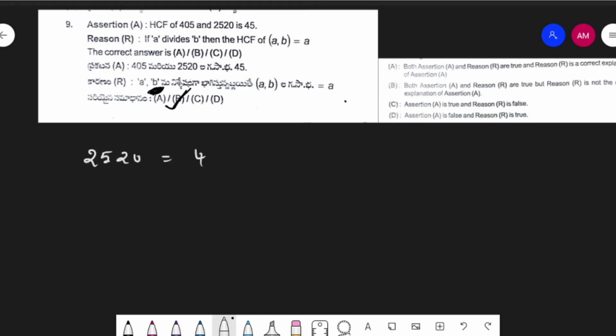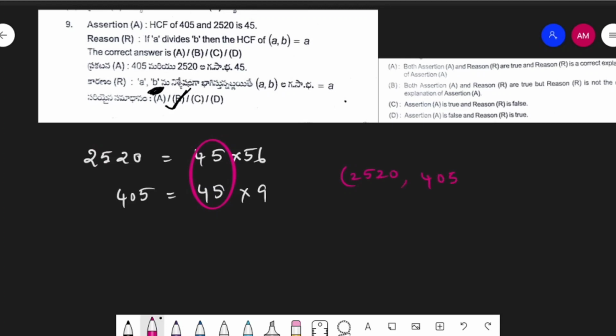It's nothing but 45 into 56. And 405 is nothing but 45 into 9. So what is the highest common factor for these two? It's 45, since 56 and 9 have no other common factor. So the HCF of 2520 and 405 is 45.